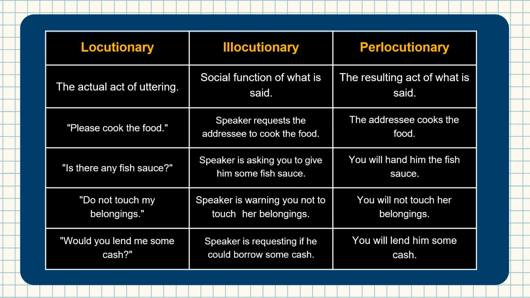Next, "Would you lend me some cash?" That's the actual message, locutionary. Now, what's the speaker's intention? Illocutionary. The speaker is requesting if he could borrow some cash since he's asking. It's an interrogative sentence. And of course, the impact is that you will lend him some cash if you have extra cash.